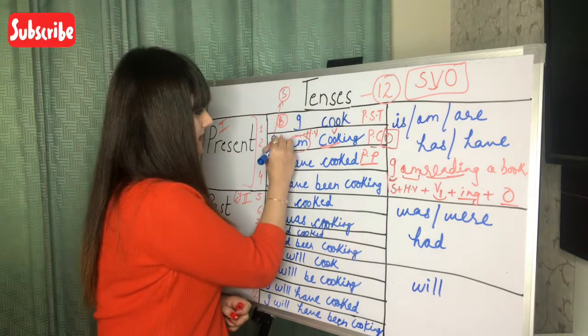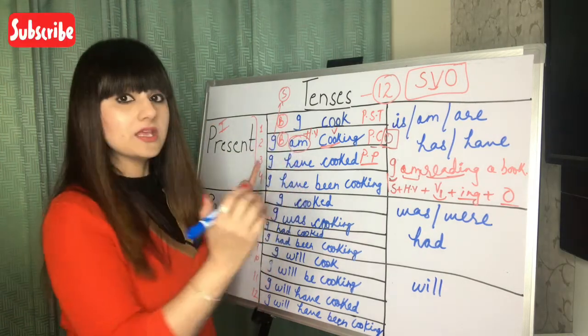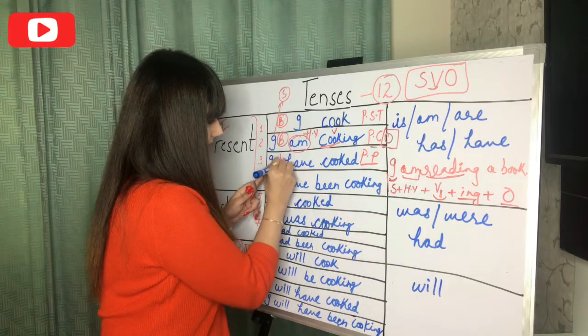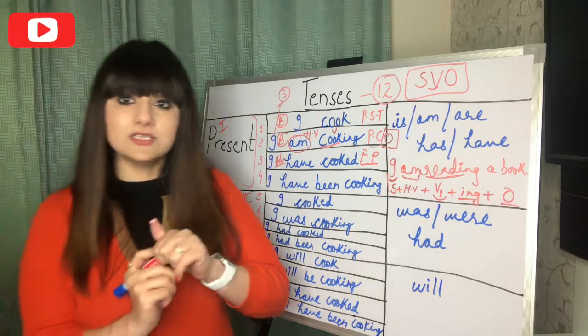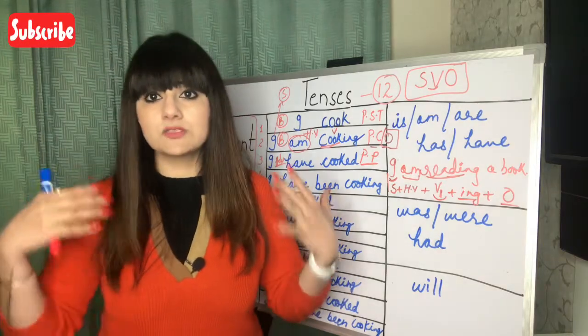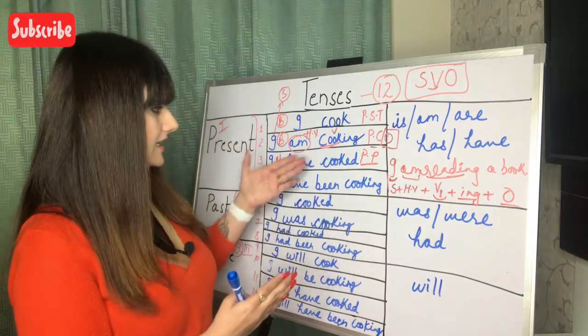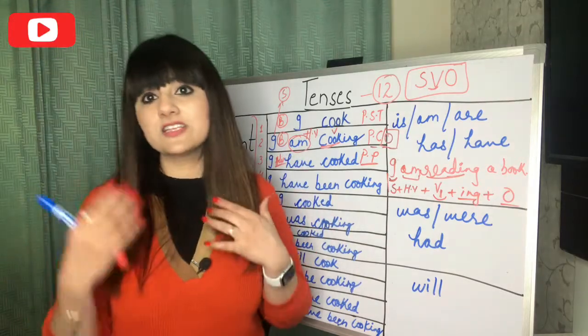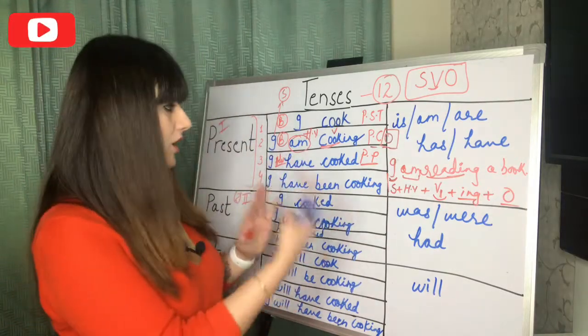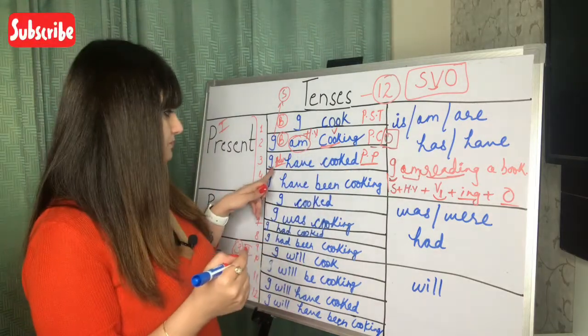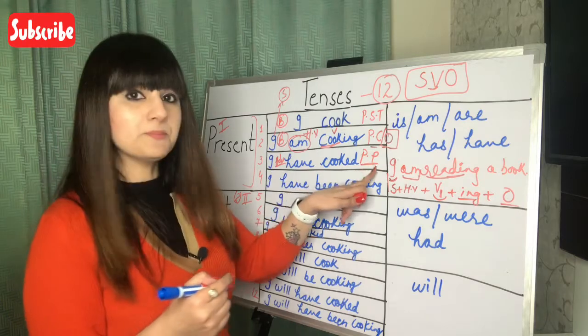This is again your basic tense, but when it comes to perfect, that becomes your advanced tense. In spoken English, we usually use perfect or perfect continuous tense. That's what we are going to do after this.